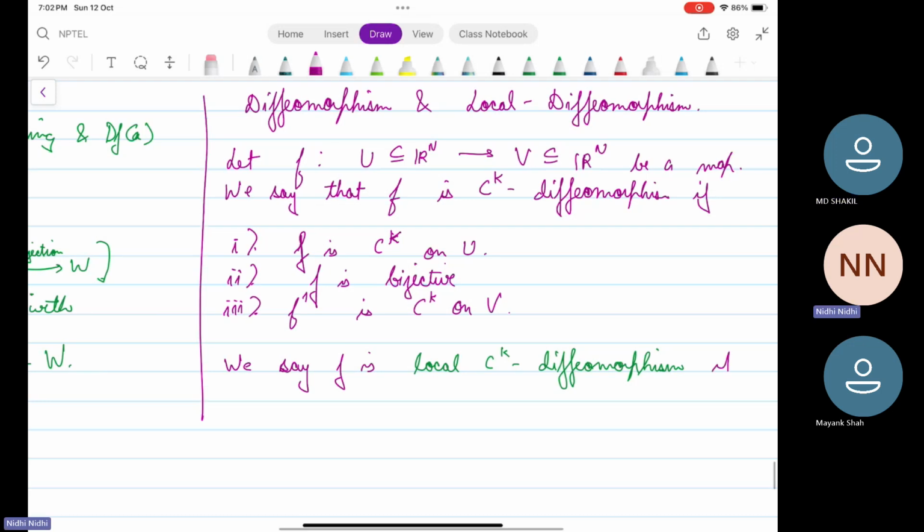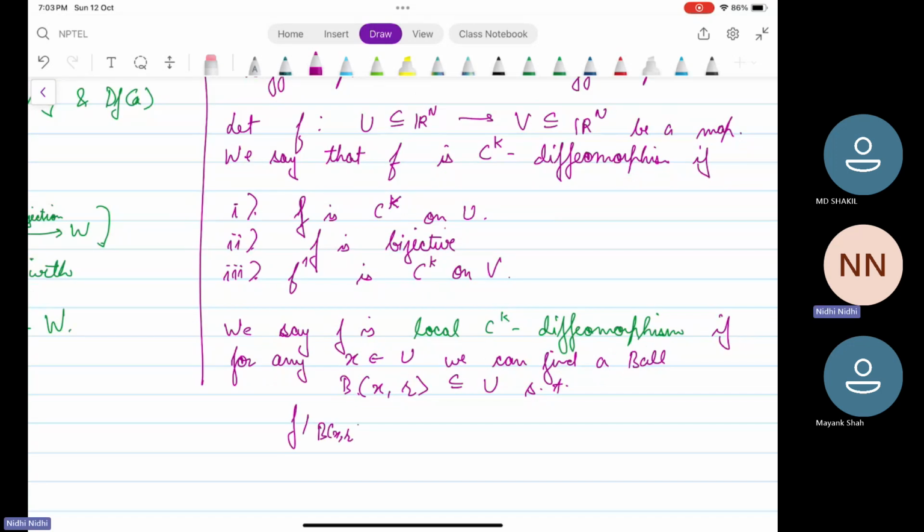So f is a local Ck diffeomorphism if for any x in U, we can find a ball B(x, r) around x contained in U such that f restricted to B(x, r), which is a map from B(x, r) to some subset of V, is a Ck diffeomorphism.